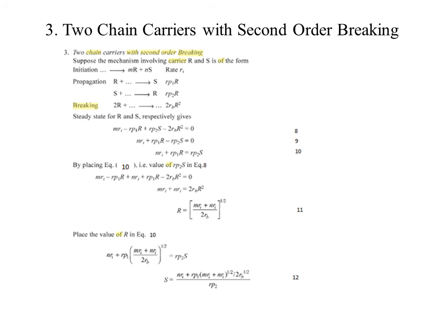From this we can calculate the value of S, that is equal to NRI plus RP1 into the square root of (MRI plus NRI), over the square root of 2RB, over RP2. This is equation number 12.